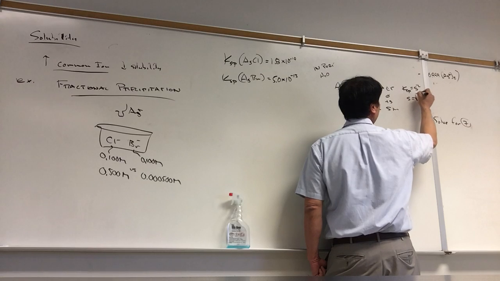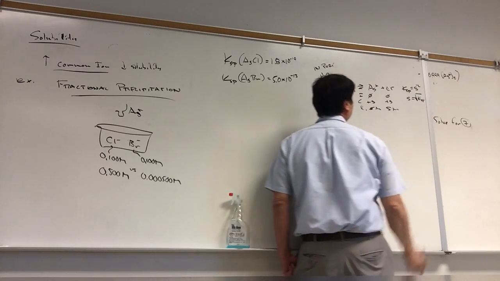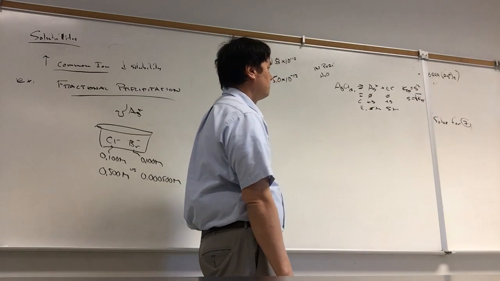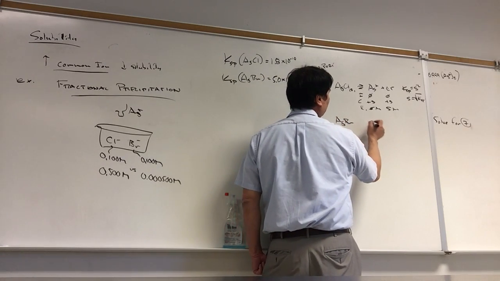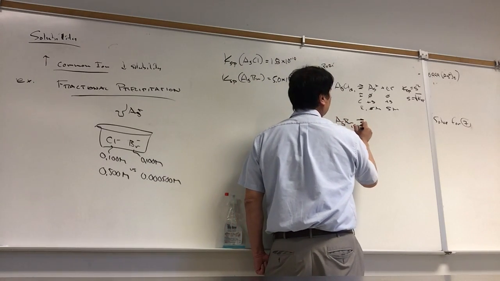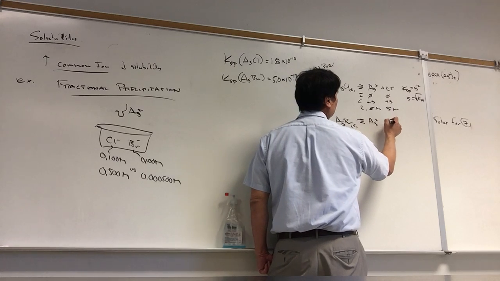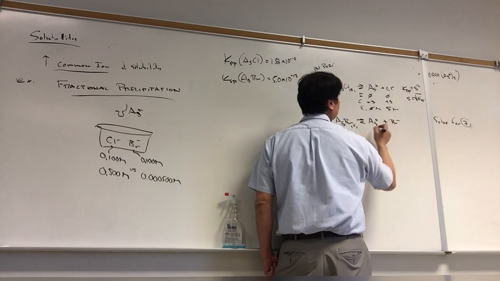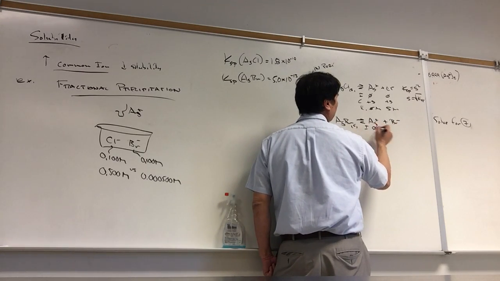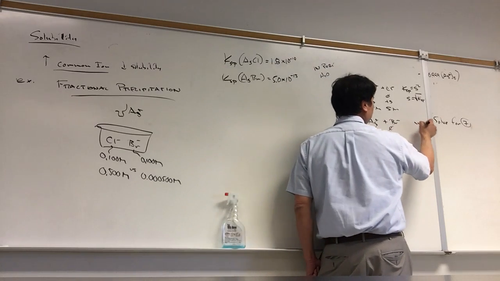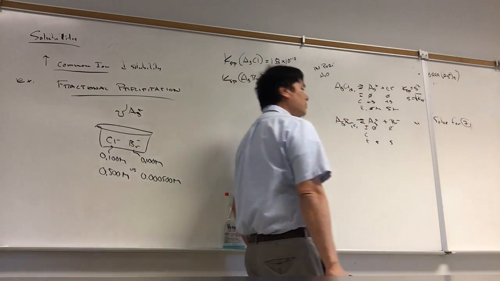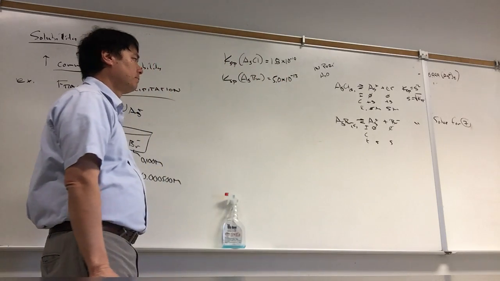In other words, S is equal to the square root of KSP. If we look at silver bromide, it's the same thing. Silver bromide solid is going to go to silver ions plus bromide ions. And we start off in pure water, it's 0, 0, change, S, S. And we get the same thing, S is equal to the square root of KSP.